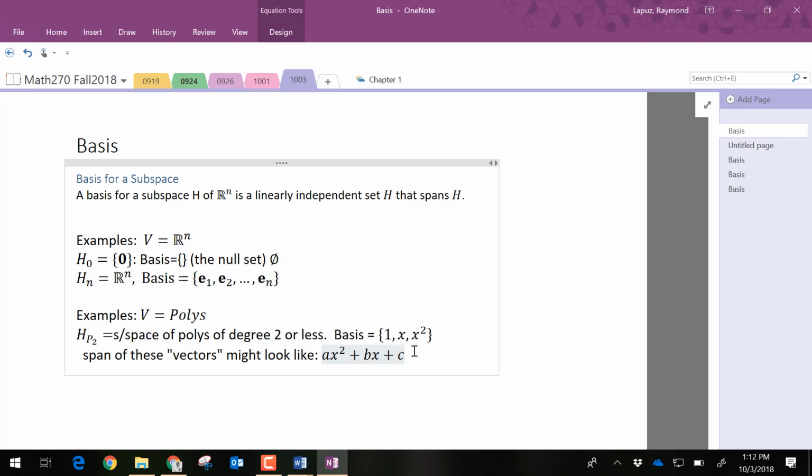We could put a1, a2, a3, or a sub 2, a sub 1, a sub 0, but regardless, the a, b, c are just the constants or the scalars that we're using to multiply them. But if we use 1, x, and x squared as a basis, then we have everything we need to be able to write anything in this subspace as a linear combination of these three things. Okay?